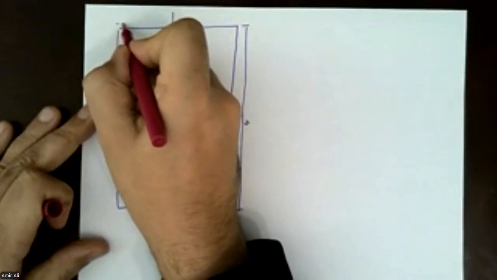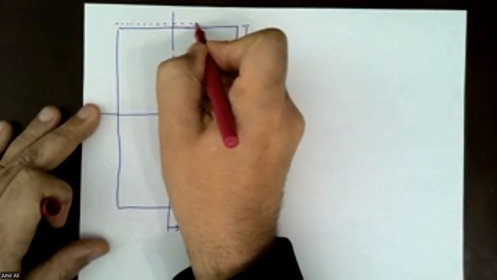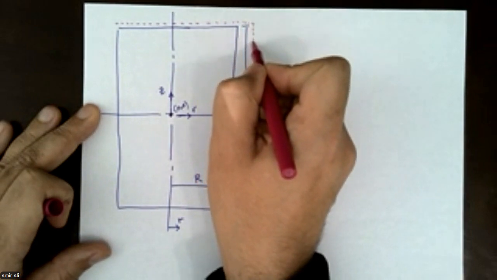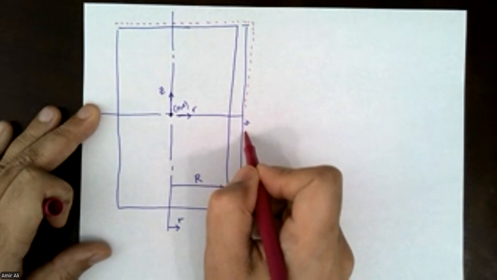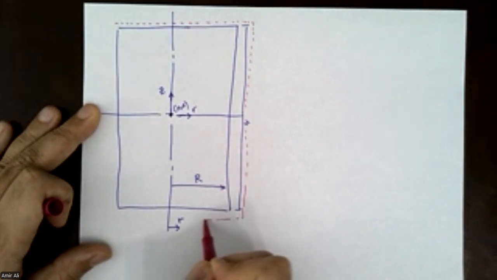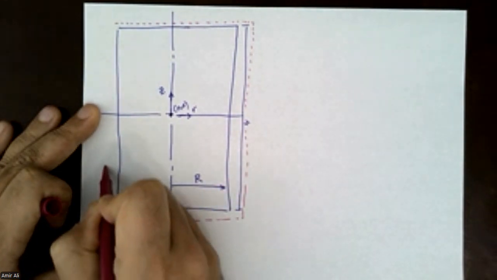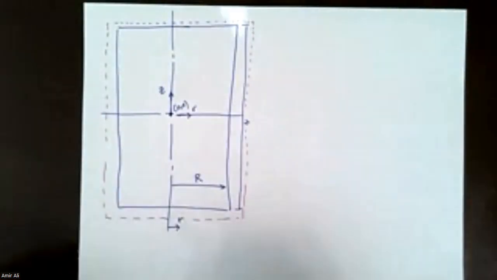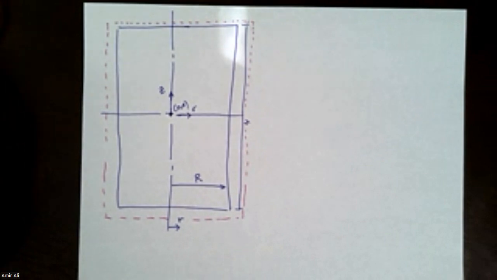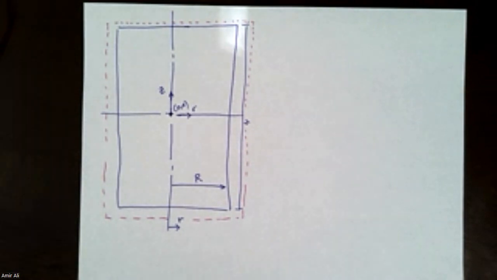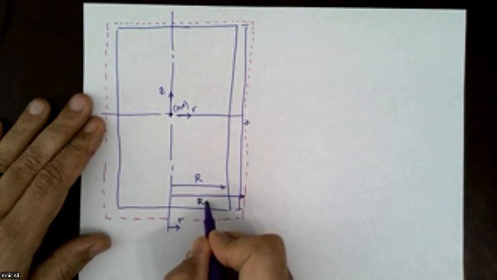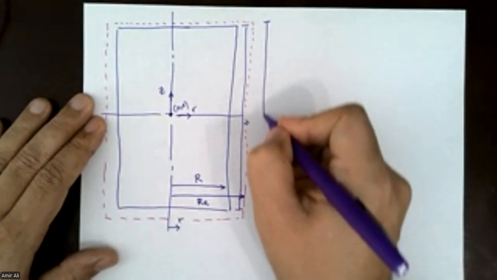Then I'm going to draw the dash line surrounding again. It's always assumed that the extrapolation distance is the same in all directions, but I just want to make things clear here. So this is RE, and this is actually going to be HE, right?